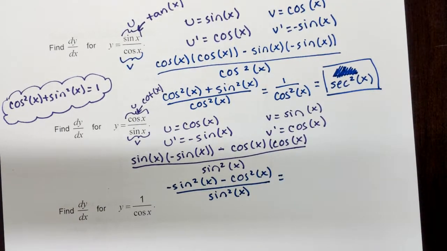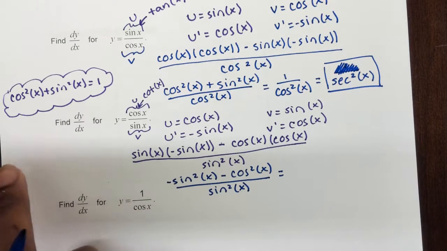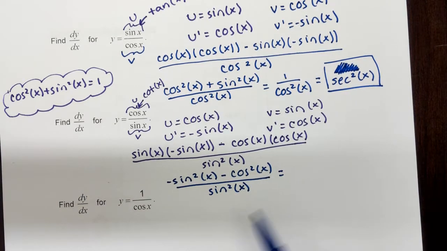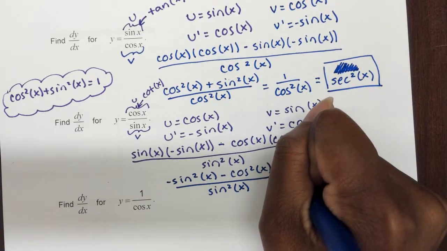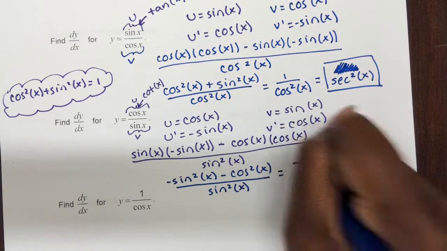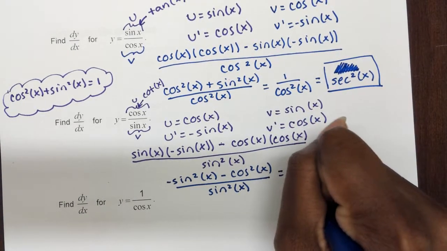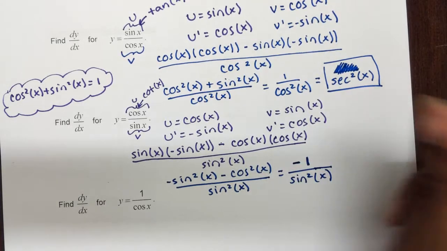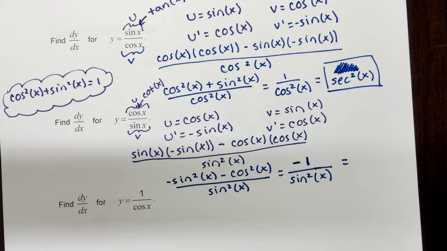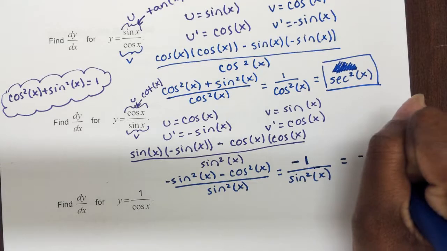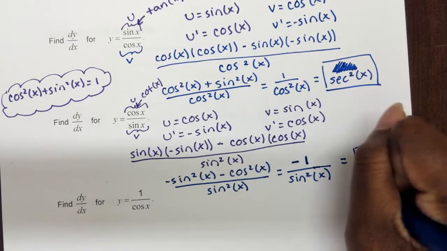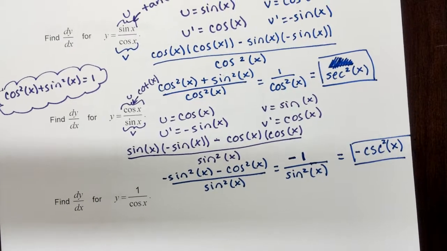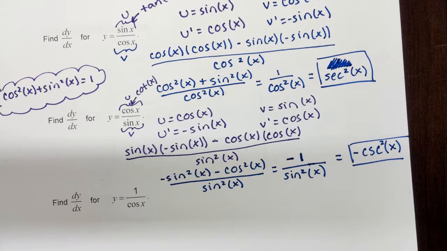And using our identity, again, cosine squared x plus sine squared x equals 1, we can pull this out, and that's the same as saying negative 1 over sine squared x. 1 over sine is cosecant, so negative 1 over sine squared will be negative cosecant squared of x. So the derivative of cotangent is negative cosecant squared x.